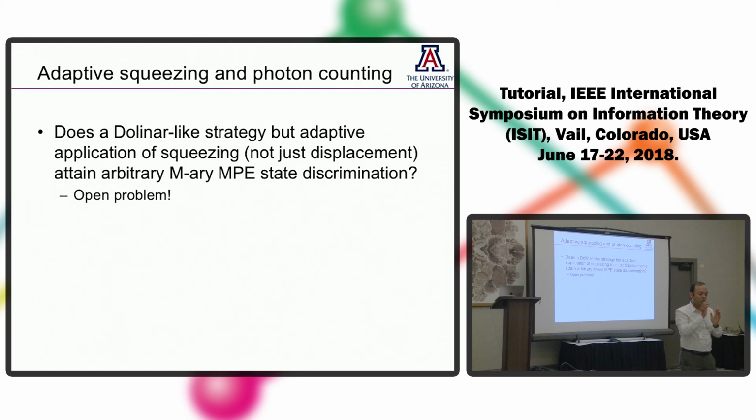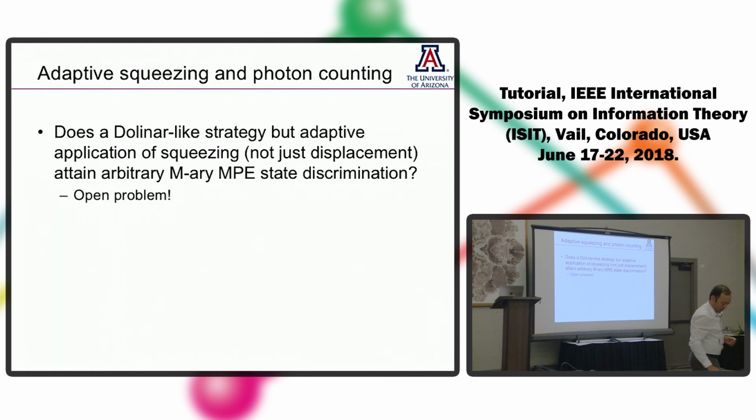If you had two zero mean states, for instance, let's say I gave you the two hypotheses as being vacuum and squeezed vacuum, both have exactly the same mean, but one has squeezing, the other one does not. In such a situation, it seems plausible that a Dolinar-like receiver, but one which does not play with the displacement, but plays with an adaptive squeezing and photon number, might be able to get you to the quantum limit.